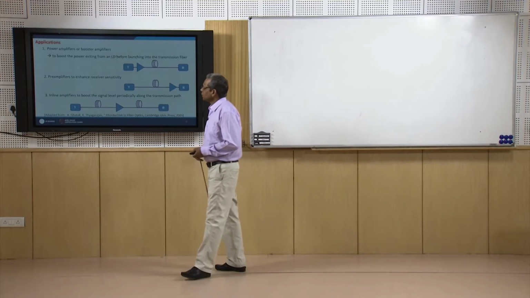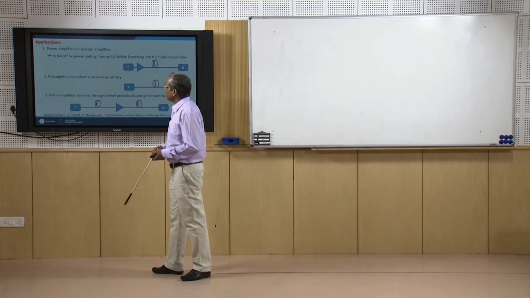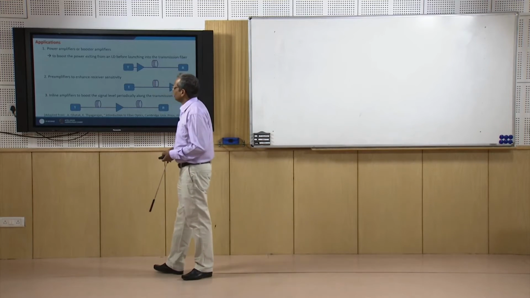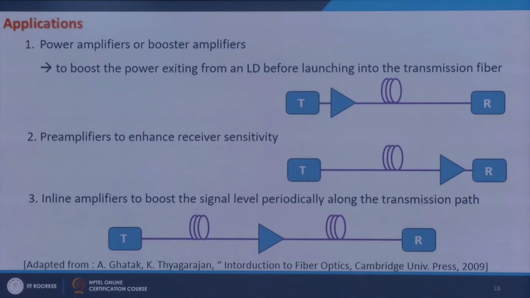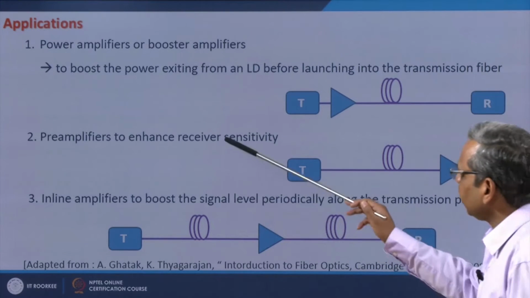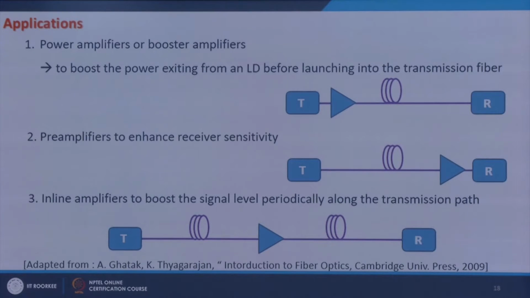What are the applications? The applications of EDFA are in power amplifiers or booster amplifiers. Before sending the signal into the transmission fiber link, you can first boost the signal using an amplifier, which is known as a booster amplifier. You can use it as a pre-amplifier to enhance the sensitivity of the receiver.